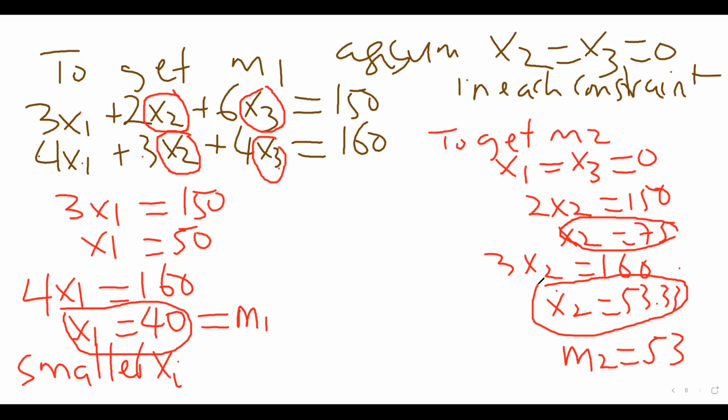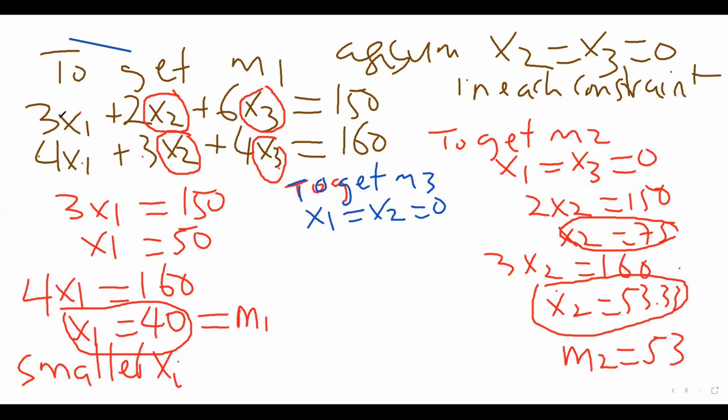Now watch me, this is the last one, M3. Let me use a different writing so that it would look good. To get M3, we are going to assume that x1 and x2 are 0. Wherever we see it in the constraint, we find the value of x3.